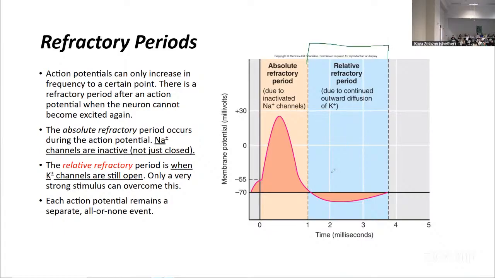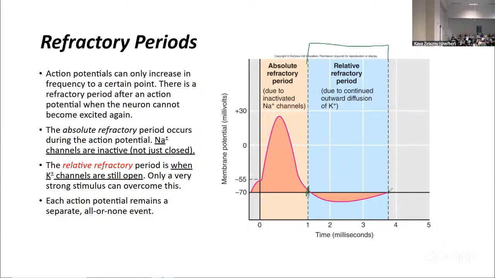So you'll notice this relative refractory period happening from the time we repolarize and through this after hyperpolarization phase. What our relative refractory period is, the time when it's really hard to fire off a second action potential, but you theoretically could do it.